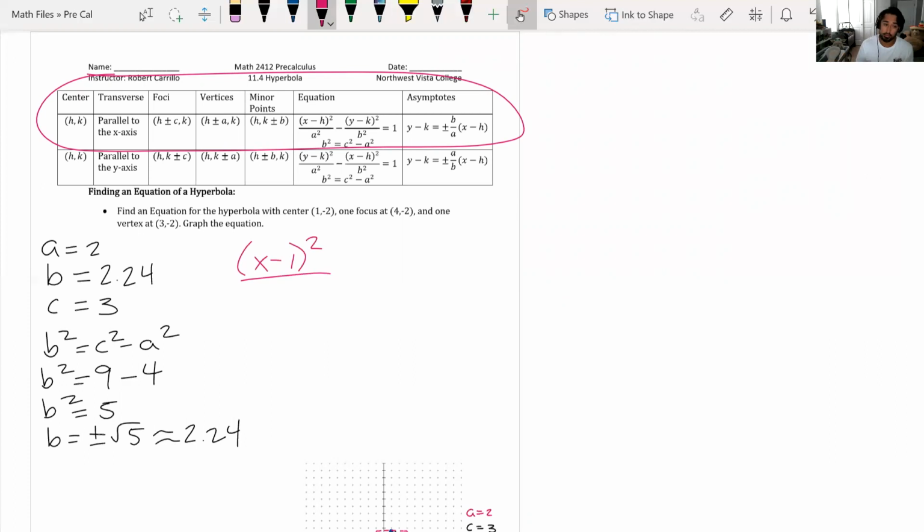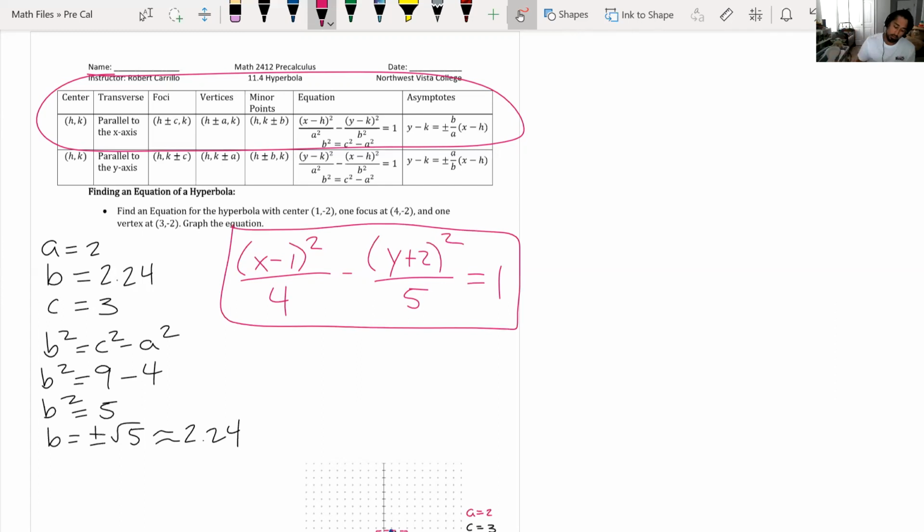We know a, so a is 2, so this will be over 4. Minus (y plus 2) squared over b squared. We know b squared is 5, equal to 1.